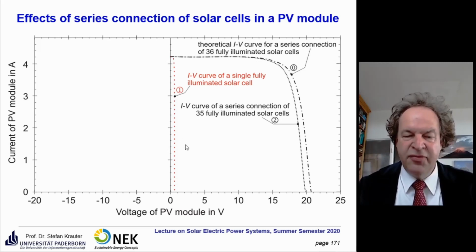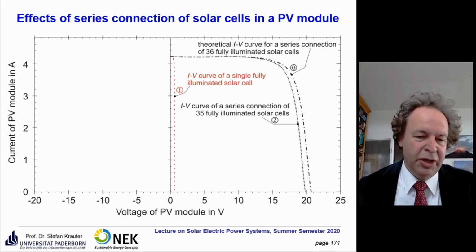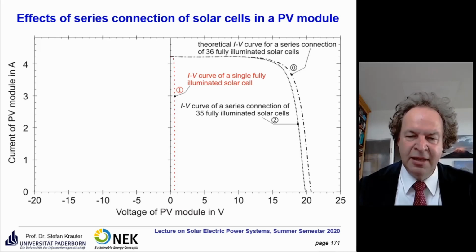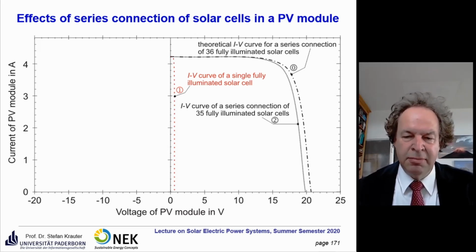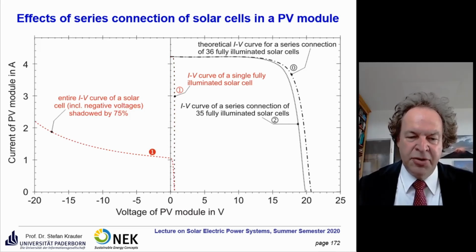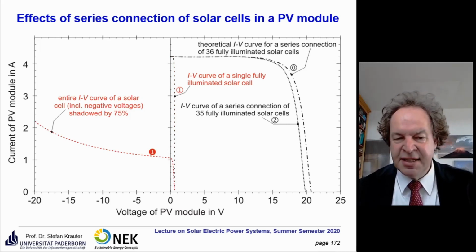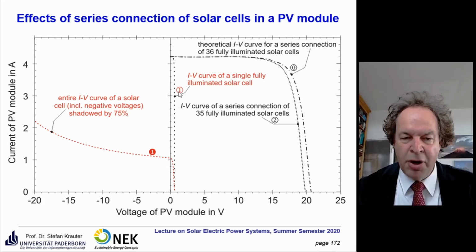But what happens if you shadow one cell? It could be a leaf, or a bad cell, or a shadow from a tower or something like this. If you shadow one single cell, for example here cell number 1, the others would be fully illuminated; disregard this at the first moment.